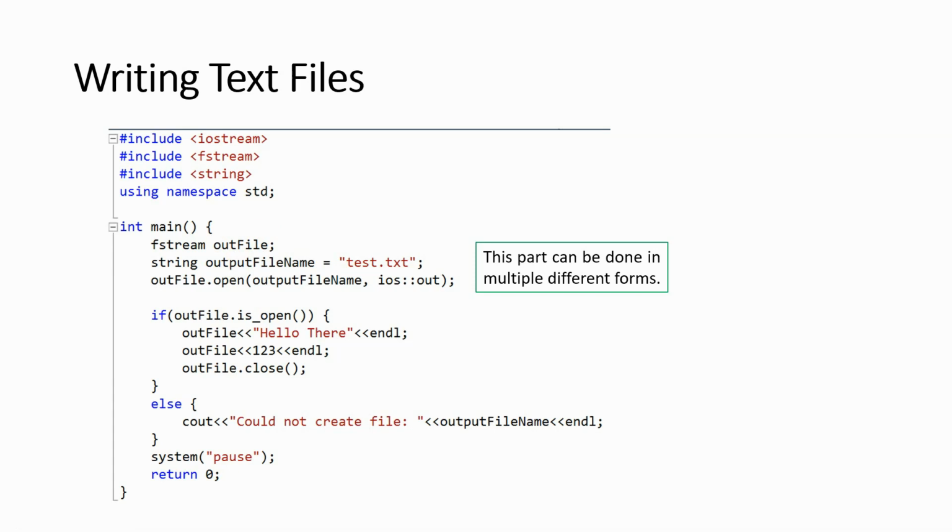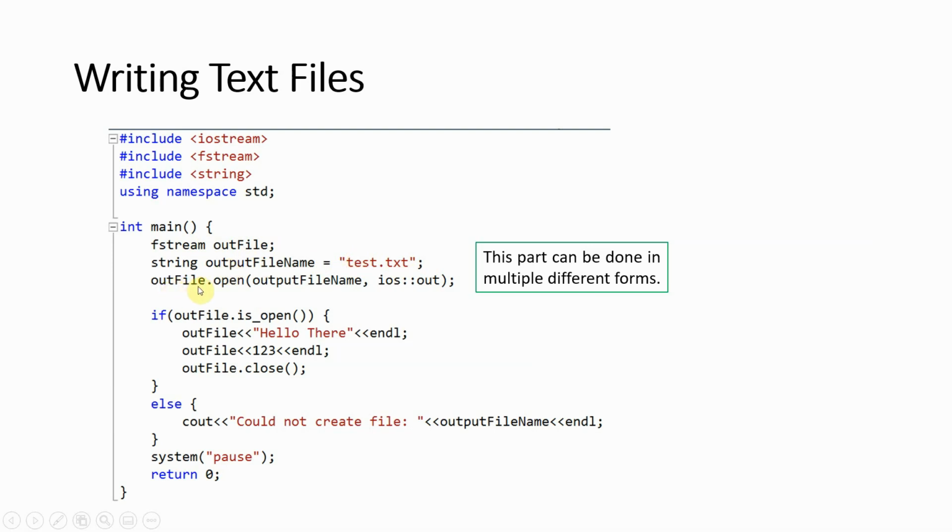So here you have the name of the file. This is the real, physical name of the file that you store in a string object called outFileName. Now we want to make the connection between this object and this file. How do we do it?